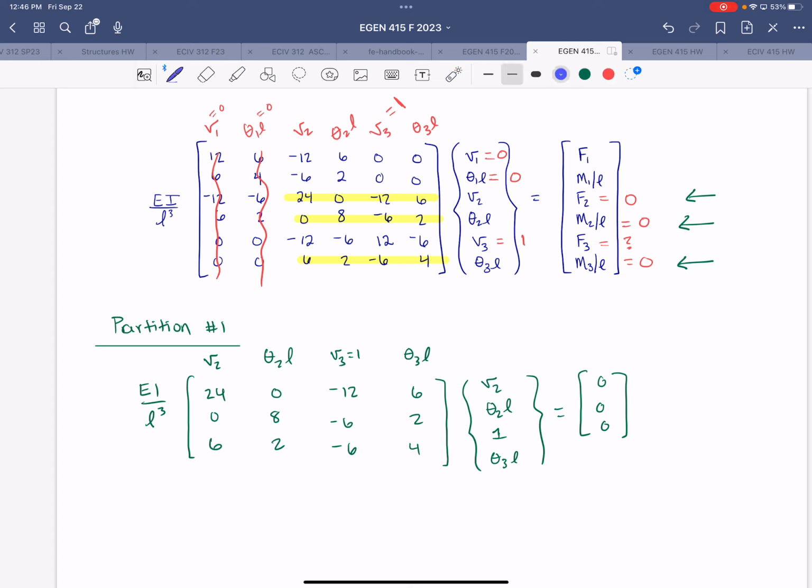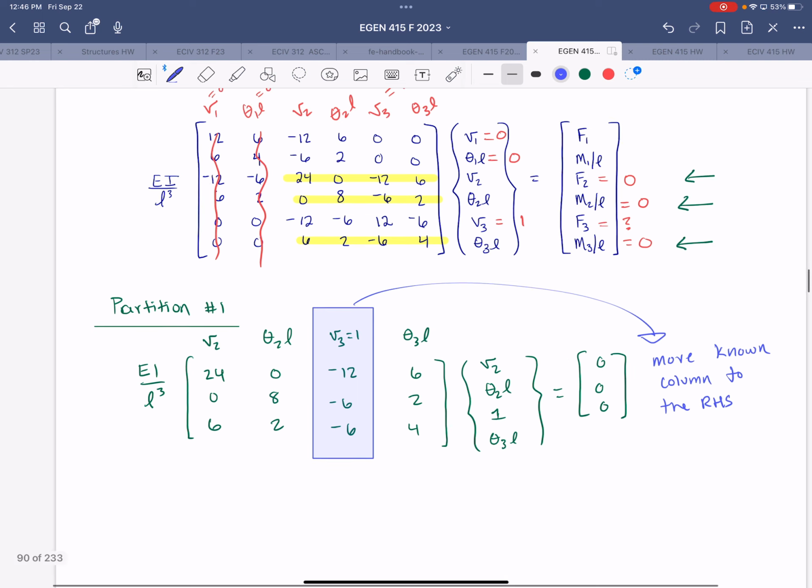What we can do is we can move this column to the other side of the equation, right? So we move the known column to the right-hand side.